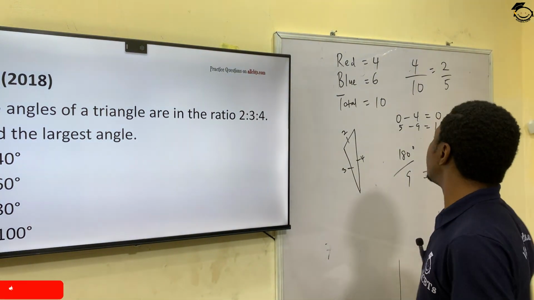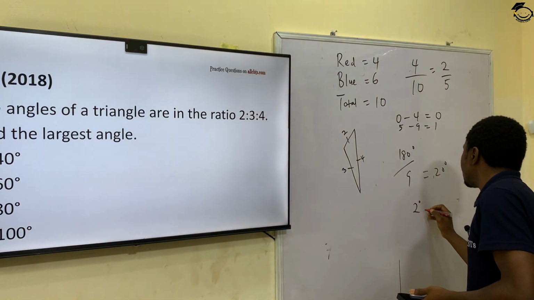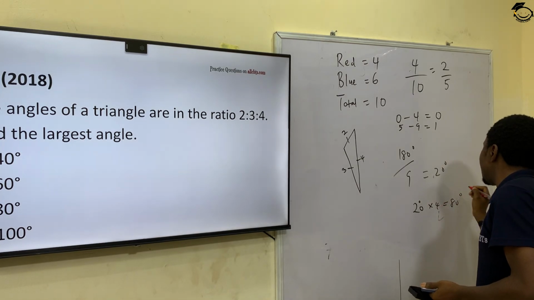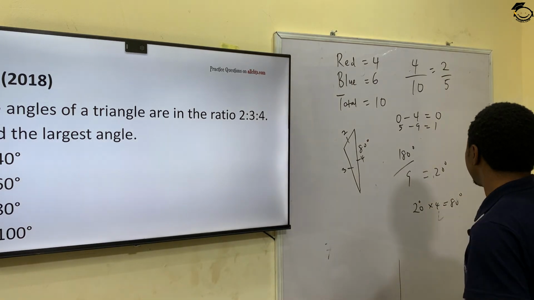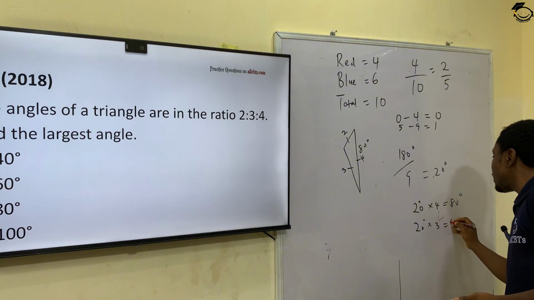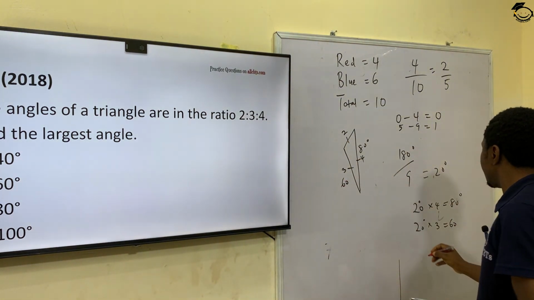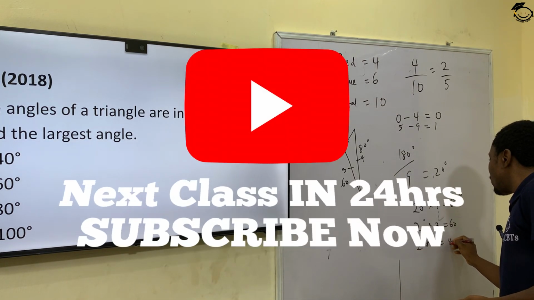So you multiply it by 4. 20 degrees times 4, that will be 80 degrees. So your largest angle will be what? This place will be 80 degrees. What about this place? 20 degrees times 3, 60 degrees. This one will be 60. What about this place? 20 degrees times 2, 40.